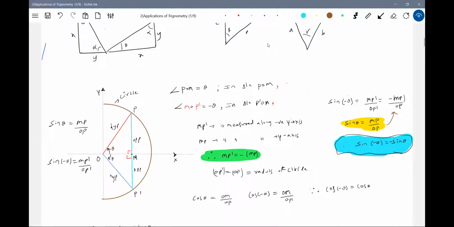Let's come to cos theta. How do you define cos theta in this triangle OMP? Cos theta is adjacent by hypotenuse. Adjacent is OM, hypotenuse is OP. In the lower triangle OMP dash, cos of minus theta should be equal to OM by OP dash.